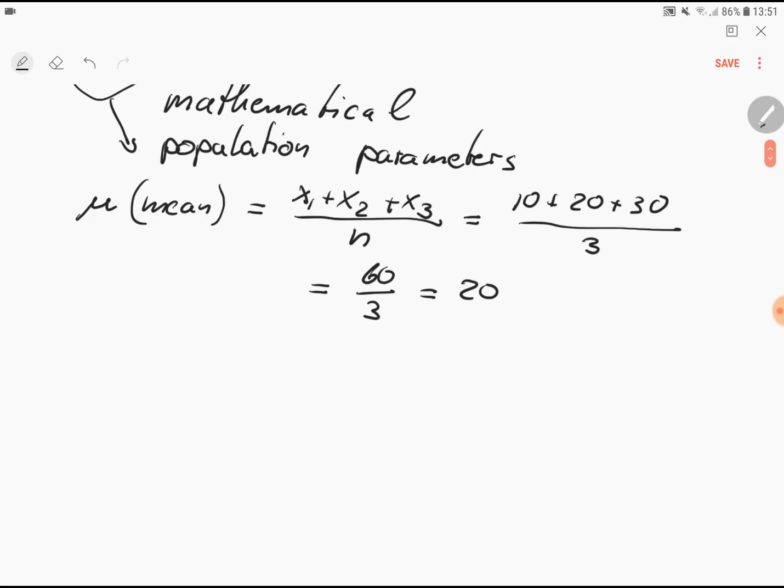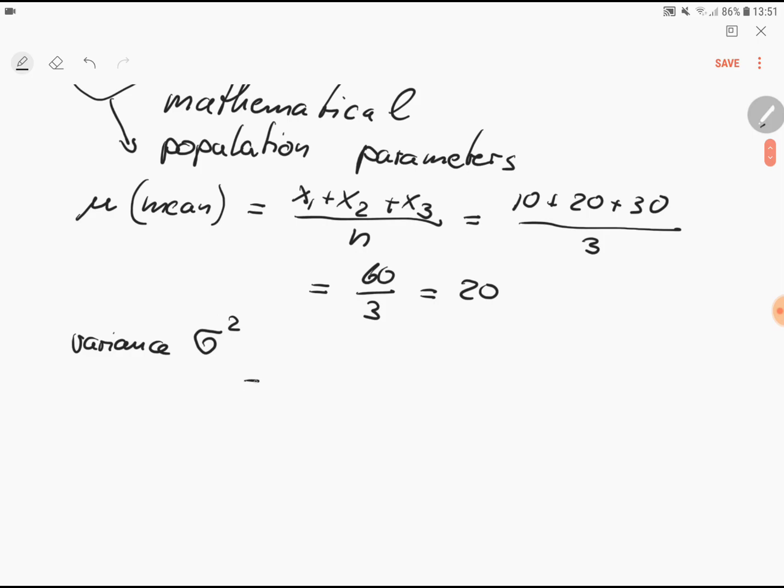Now we also want to know a little bit how far our data are spread out, and again that is very easy because we can use as a measure what is called the variance of the data. For a population this is usually abbreviated with a sigma squared.